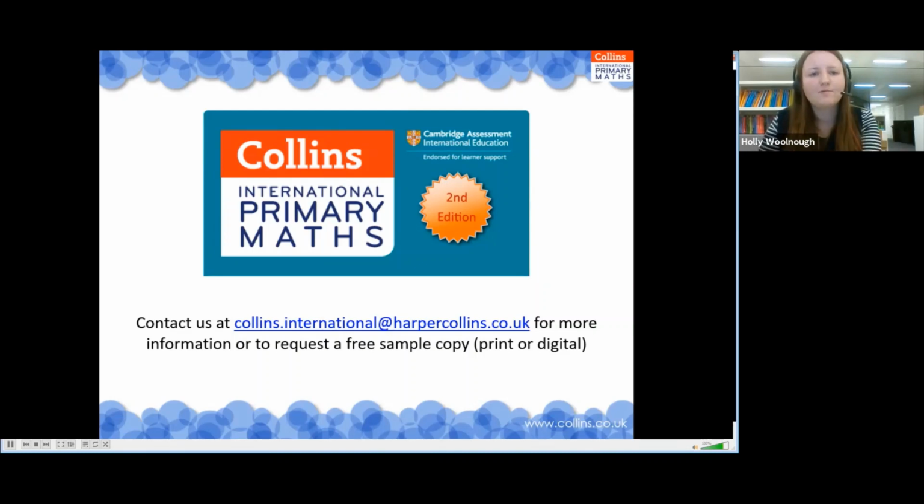But one of the ways that we've got more practice included is with the introduction of the progress books, which are additional components, and there's one for each stage, each of them being 64 pages, and that offers a double page spread per unit of additional practice that consolidates all of the knowledge that each learner is expected to have by the end of a unit, and allows teachers to fully see how their learners are attaining, and also for learners to put that into practice and have a little bit more development than they might have done just with the workbook.